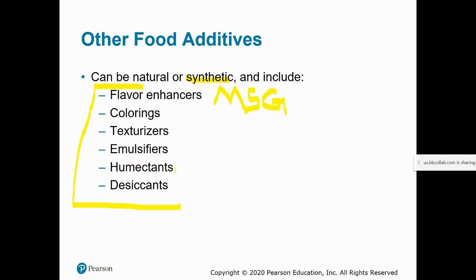Humectants, things to keep the environment moist. So a lot of pre-made breads or bakery-type products. You don't want to bite into a super dried out bread. If it's a shelf-stable bread, something that can exist in your pantry for weeks at a time, oftentimes there are humectants added to keep it moist all the time.